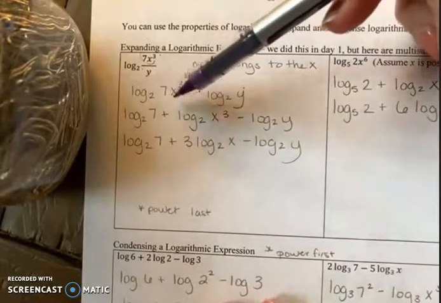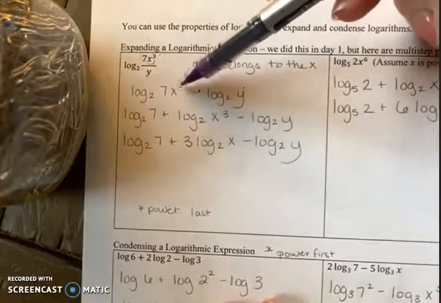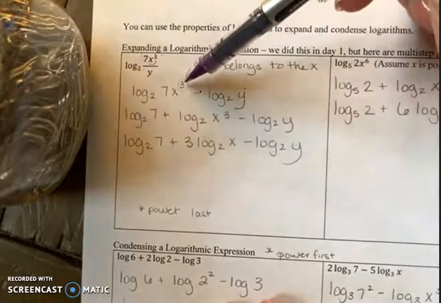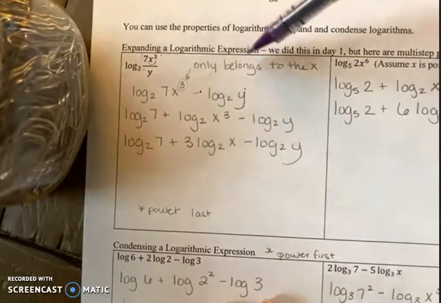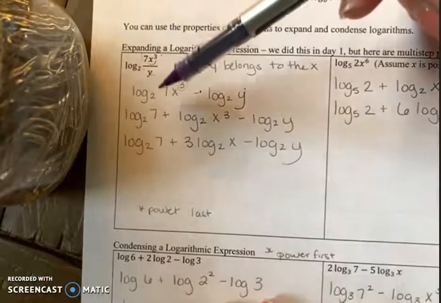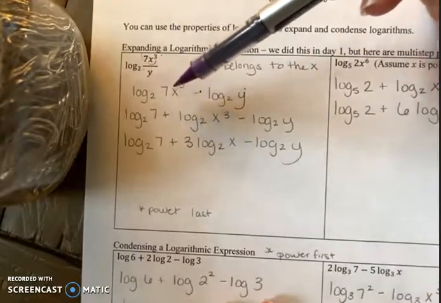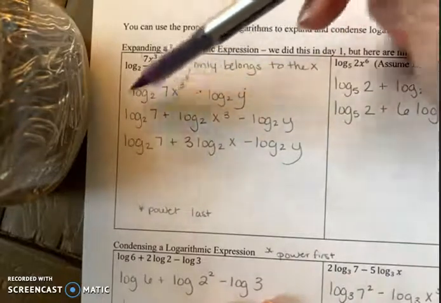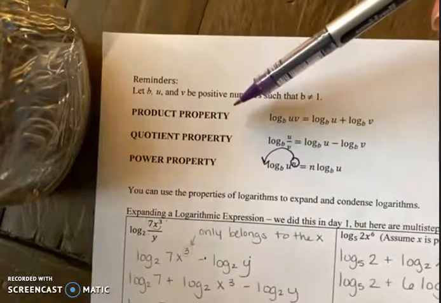When we have 7x cubed, you cannot pull out that 3 right away. This 3, like I say here, only belongs to the x. So what we really have is a 7 times x cubed. So this right here, if I were to expand it, I need to use product property.